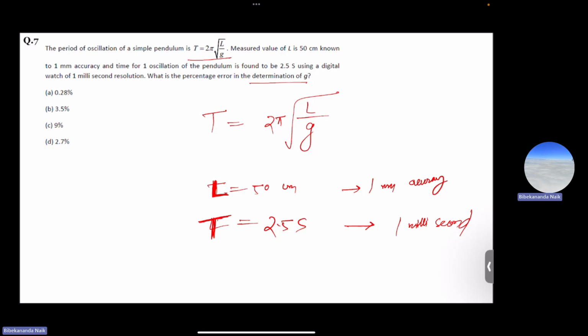Basically it reflects the least count of the instrument that has been used to measure. So in length we are using a 1 millimeter least count scale, and time is being measured by a digital watch of 1 millisecond resolution. So we need to find out what will be the percentage error in the determination of g.